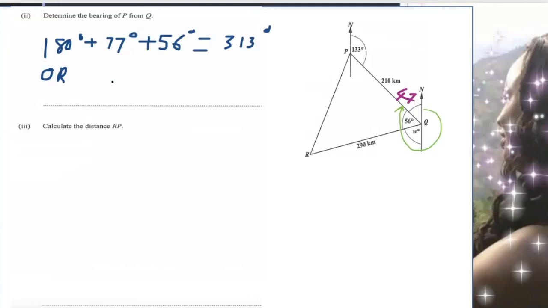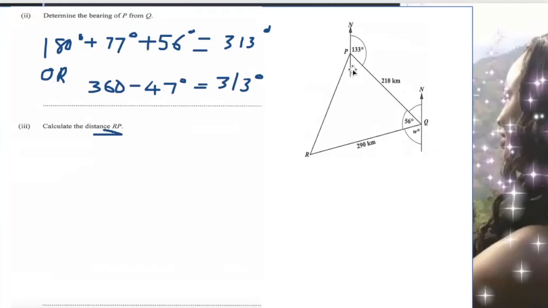So the next method is to have 360 minus 47 degrees, and that will give me the same answer, which is 313 degrees. Now, the next part is asking to calculate the distance RP.